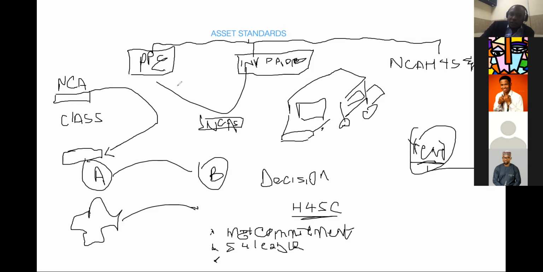If we go back to our understanding of PPE, we would have to do an impairment test to ensure that the asset is being stated at a price it is likely to be sold for.